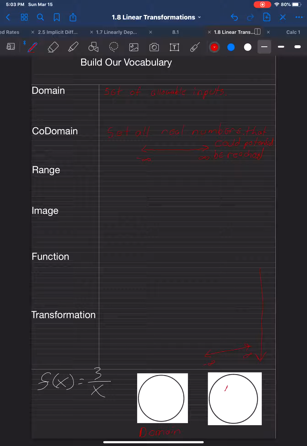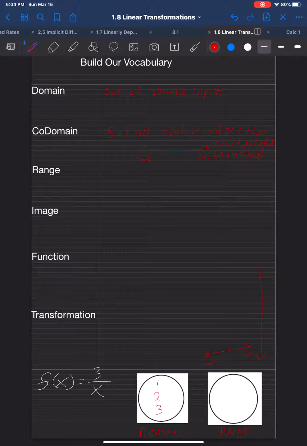All right. So I'm going to go ahead and put, just like I had before, a 1 and a 2 and a 3 in my domain. Of course, those are allowable inputs. Over here, I'm going to have my range. All right. And let's see if this makes sense to you.